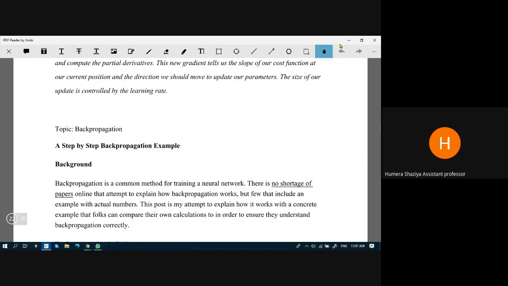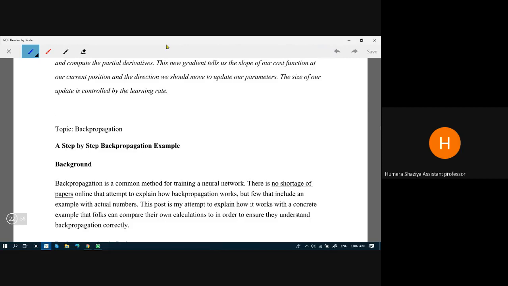First and foremost, what I would like you to know is that we are learning neural networks and how neural networks learn. Learn means understand the patterns in the data such that neural networks can make their own predictions or classifications.